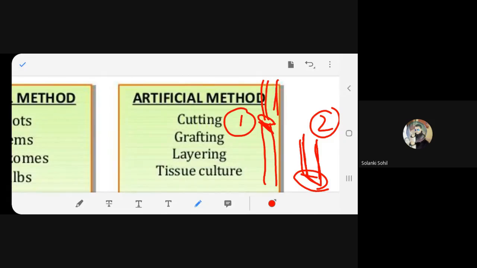So I've got a combination of one and two plants. That is called grafting. I've taken one stem of one plant, another stem of another plant, and joined it. Then I will cover it with plastic or sellotape, and I will get a new plant. This is called grafting. Any problem? No, ma'am. Okay.